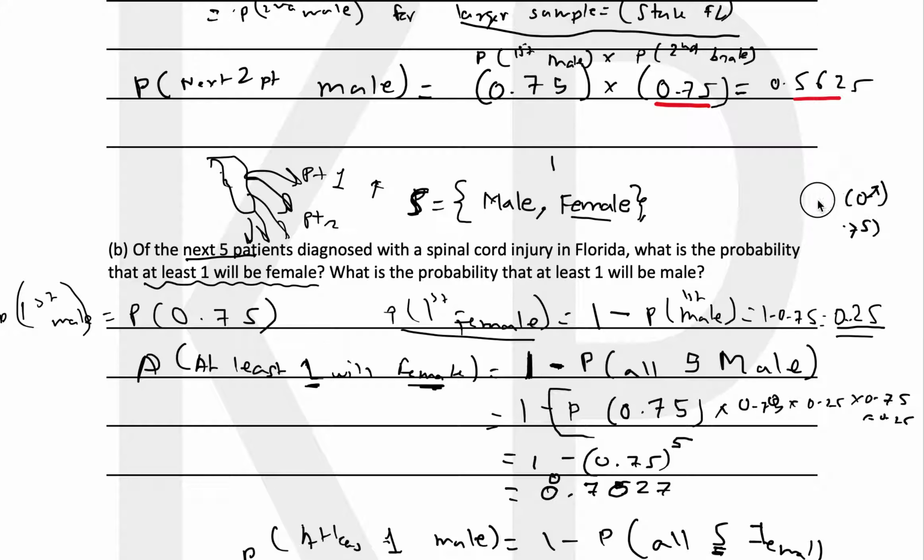Once you know this probability of the first person being female, you just have to apply the rule. We want the probability of at least one female among these five drawn. So out of the total probability, we want to subtract the probability of all five being male.